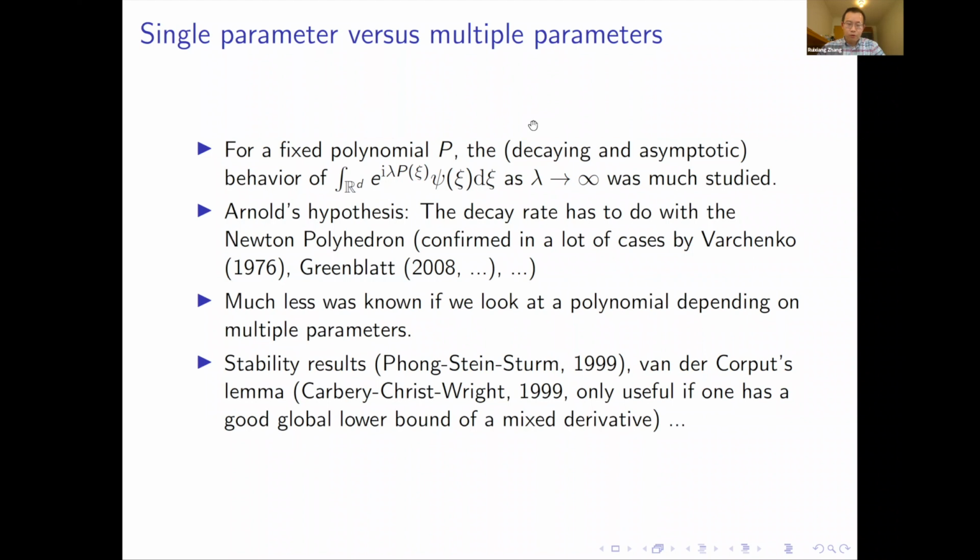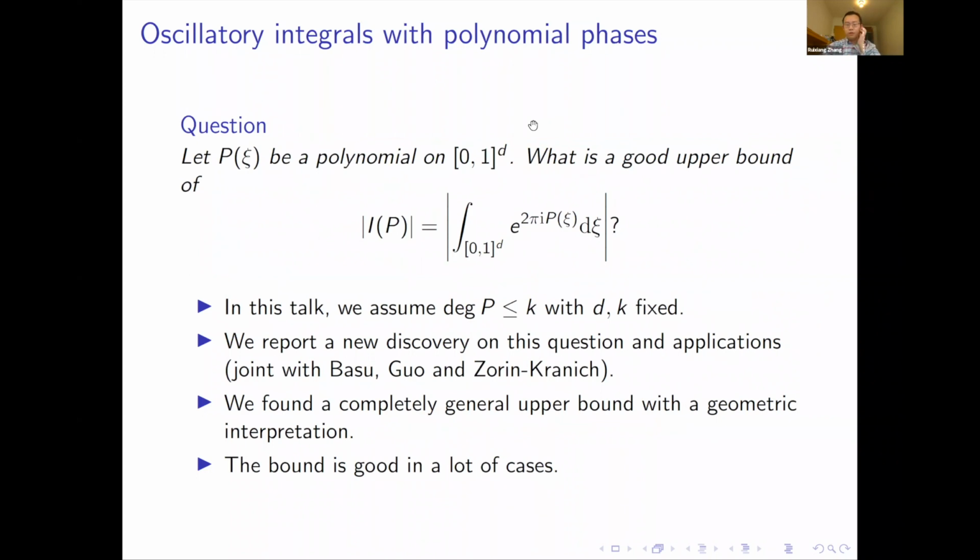These two are the results that I'm more familiar with, but I should say that much less was known when you look at multiple parameter settings. Our work concerns the multiple parameter setting, and we have the following result. So this is the question that I was motivating.